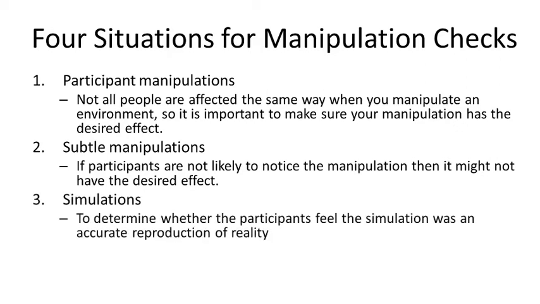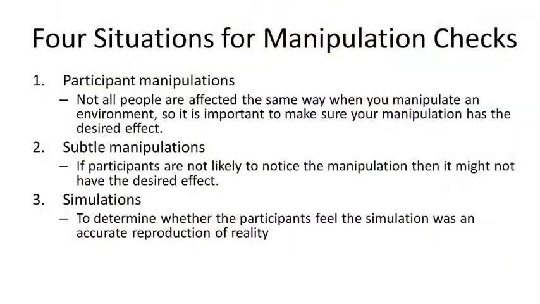The third reason why you would want to do a manipulation check would be if you do some kind of simulation. We talked about simulations last time. I talked about a couple different kinds of realism when it comes to simulations. If you remember, we talked about mundane realism, which is basically like the graphics, you know, how accurate does it look to the real thing.